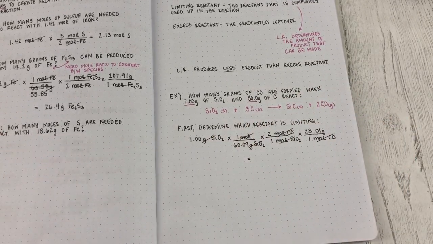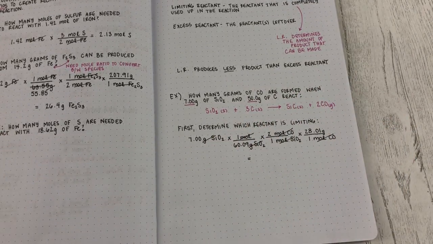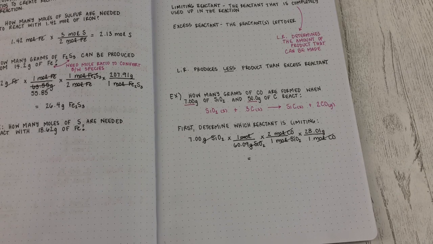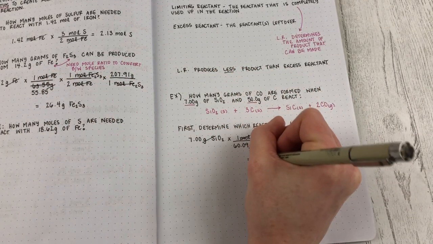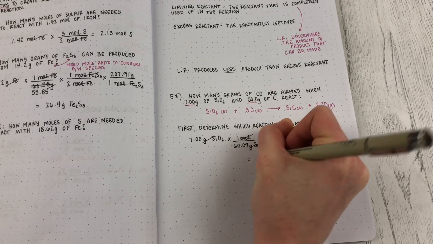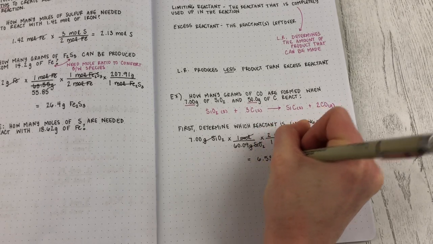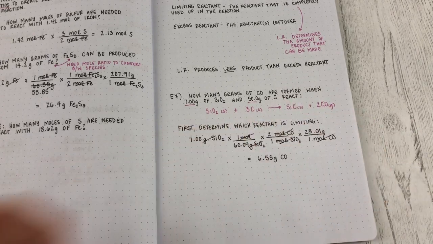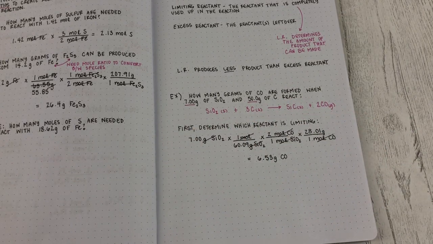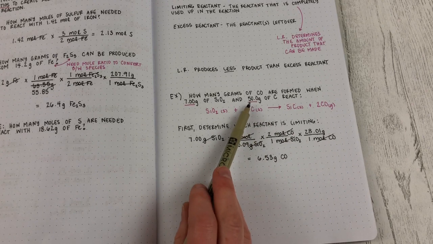And if you plug that into your calculator, 7 grams divided by the molar mass of silicon dioxide times 2 times 28.01. And we get the mass of carbon monoxide that 7 grams of silicon dioxide would form.